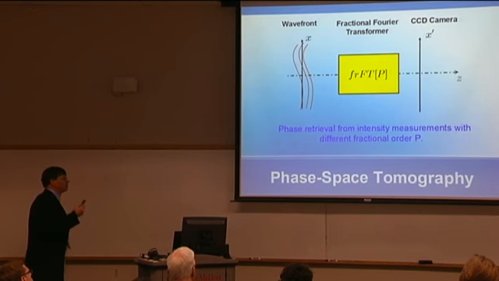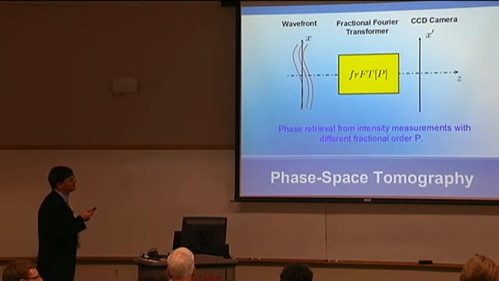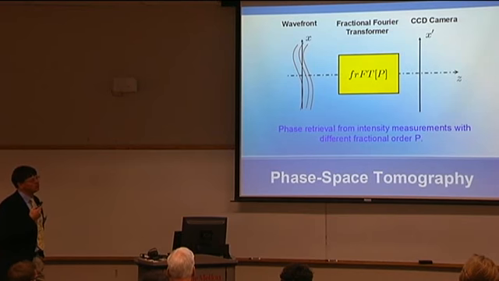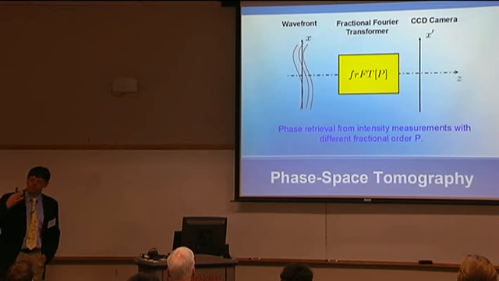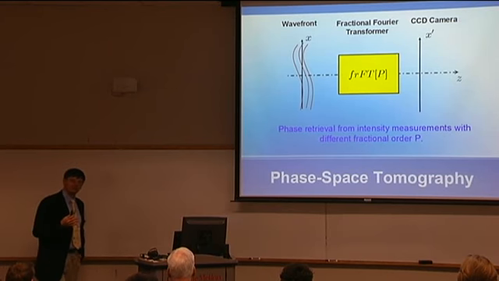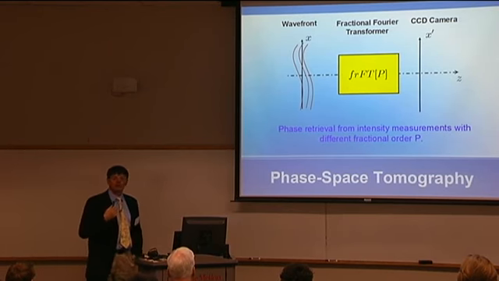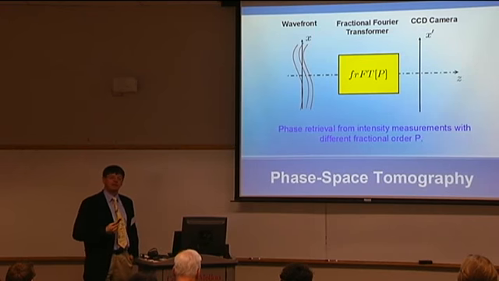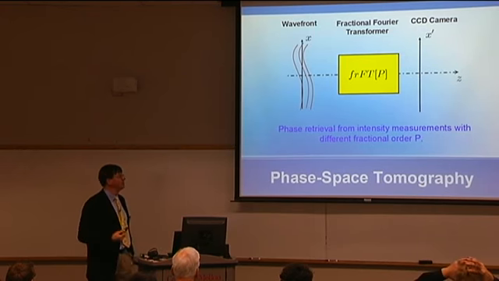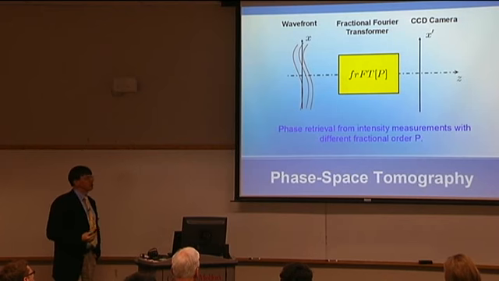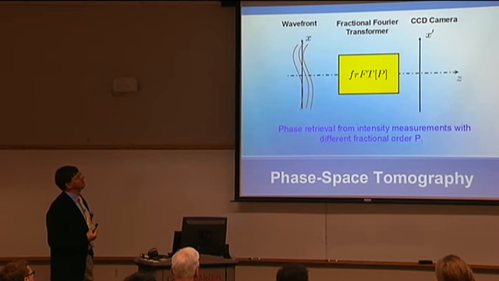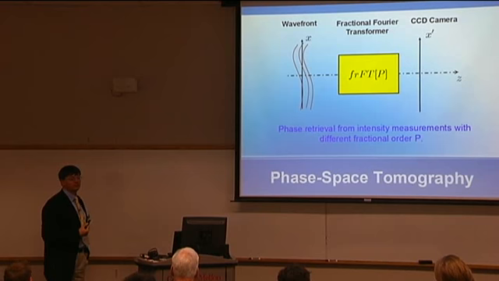Phase-space tomography is usually discussed as one deterministic phase retrieval method. So we have a wavefront, and usually we can only measure the irradiance. There are ways to measure the phase of a coherent signal, like interferometry or holography. And there are computational phase retrieval methods to get the phase back.